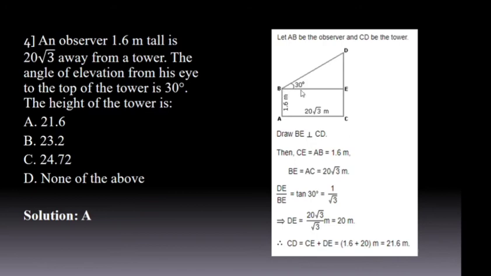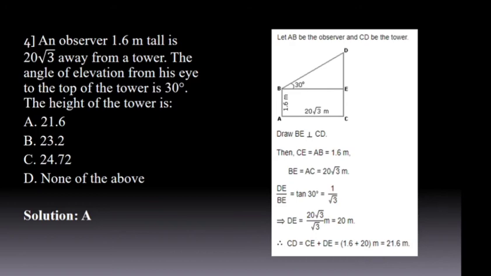So I just draw a horizontal line BE here and mark this angle of elevation as what? 30 degree. Okay, if you just recall the definition of angle of elevation, this becomes my line of sight. The angle which the line of sight makes with the horizontal through this point is called the angle of elevation.